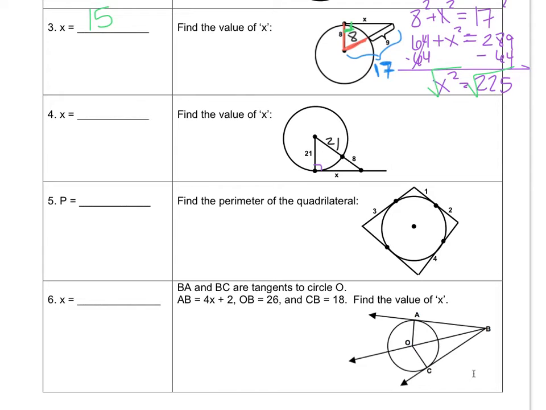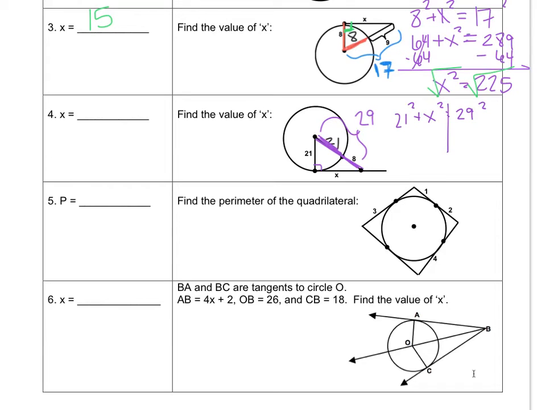Okay, so that's telling me this little part is 21 and that part is 8. So the whole distance is 29. So now I can do a squared plus b squared equals c squared, and the whole length is 29. So if I set that up, I have a squared plus b squared equals 29 squared.